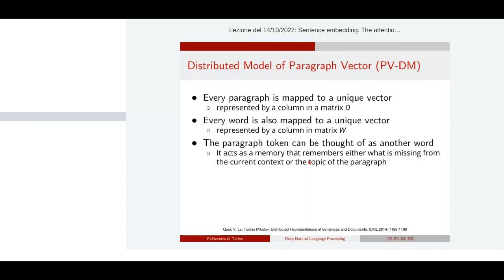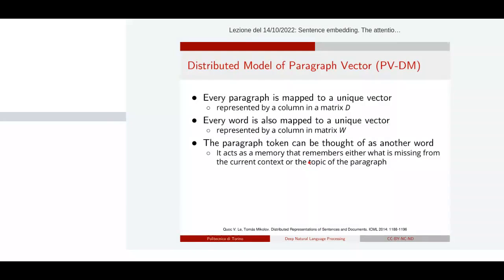So every paragraph is mapped to a unique vector, which is of course the output we are aiming at achieving. Each word is also mapped to a unique vector because this architecture is specular to word2vec. The paragraph can be thought of as another, artificial word, which acts as a memory, remembering either what is missing within the current context or the topic of the paragraph.